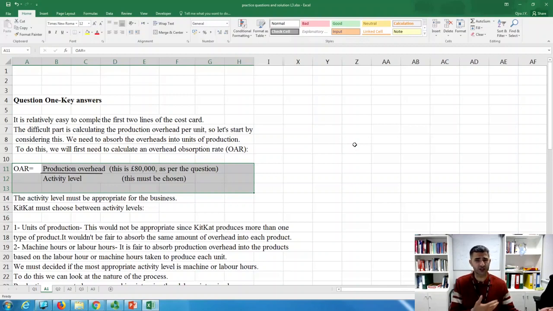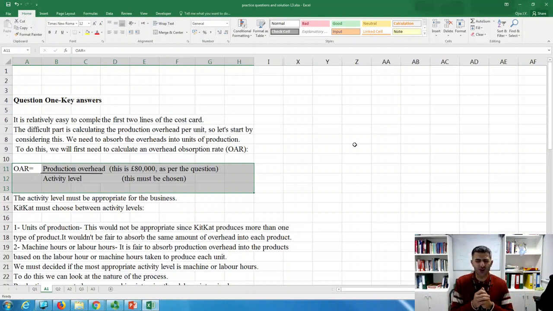In a factory nowadays, do you see more machine hours or more labor hours used? Of course, you would say more machine hours. So we are using the number of machine hours in order to absorb the overhead into the units.